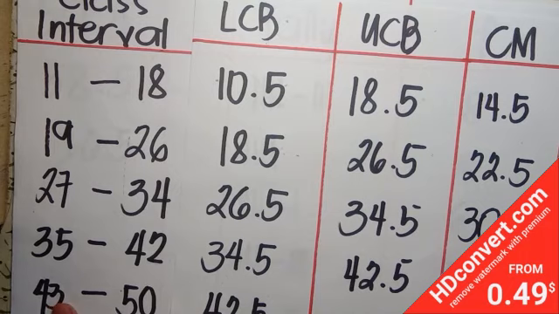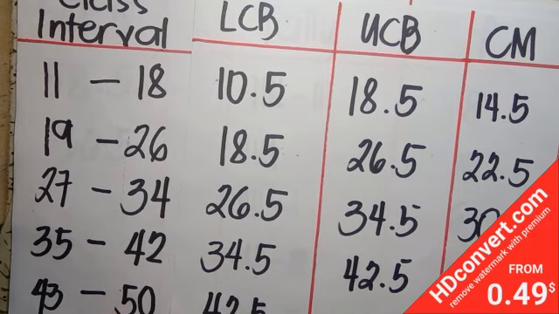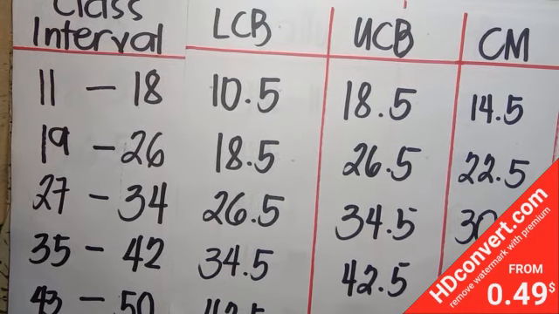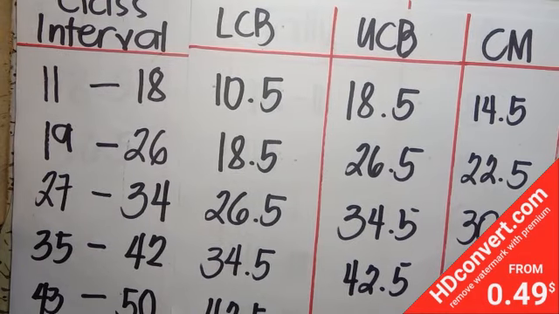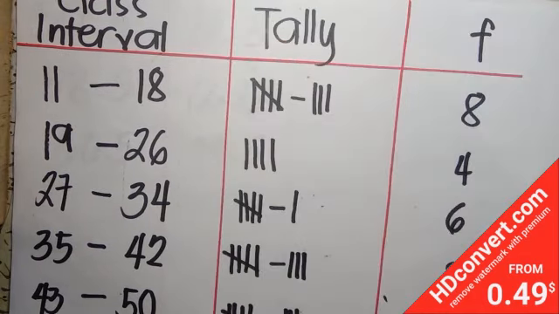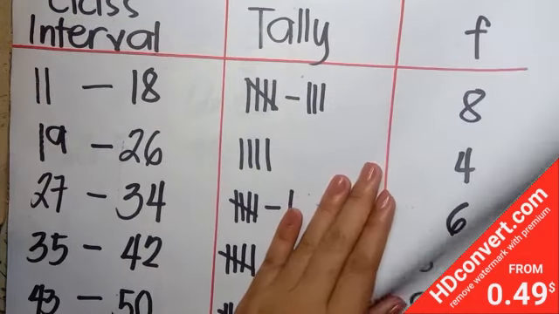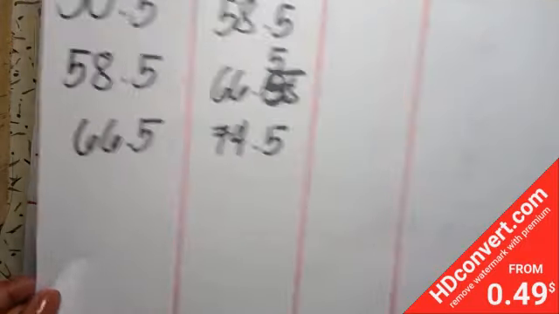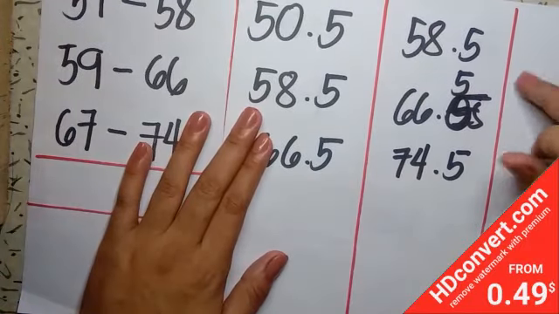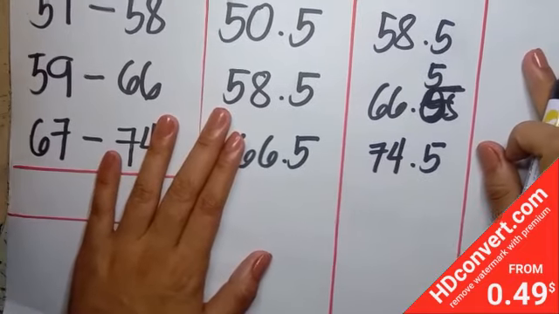Next, 43 plus 50 divided by 2, 46.5. Next, ituloy natin yung class mark.